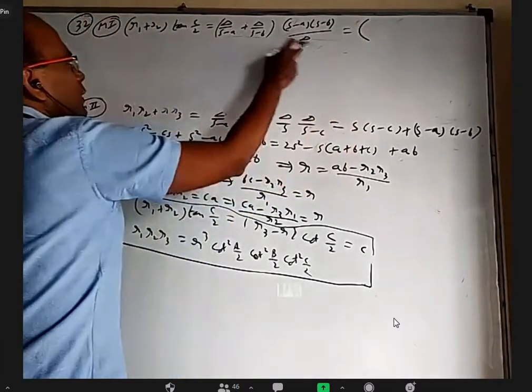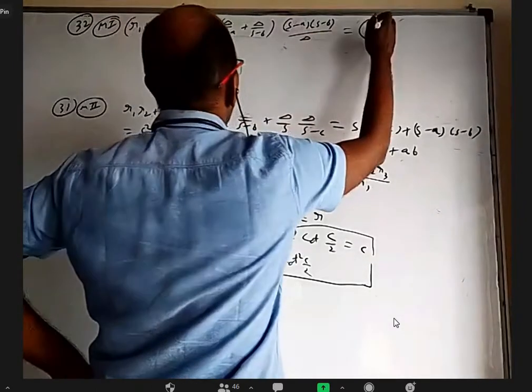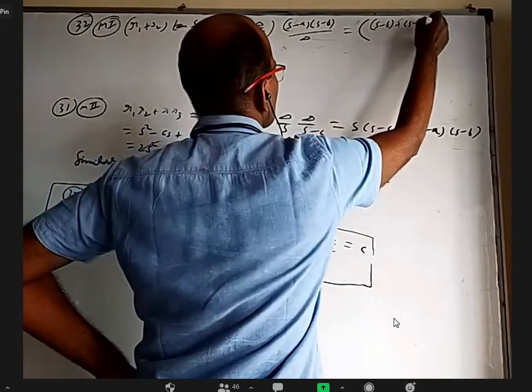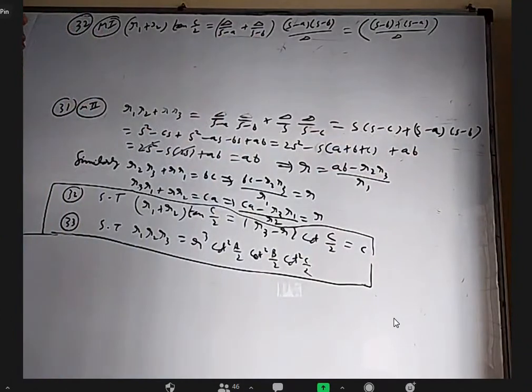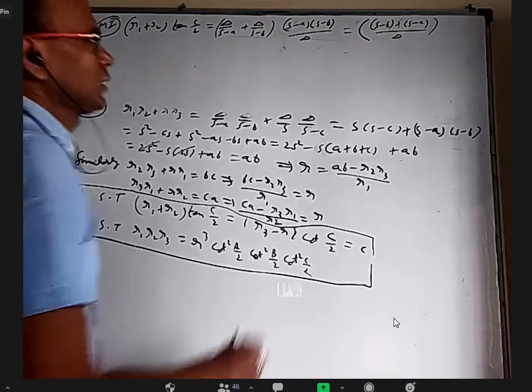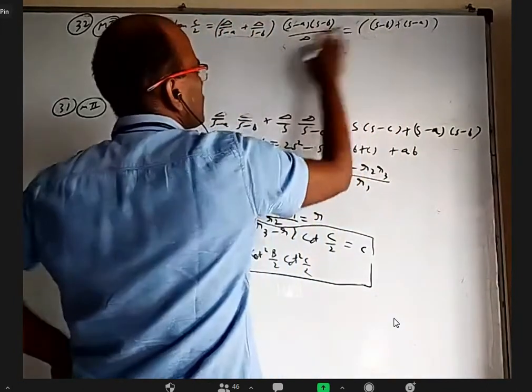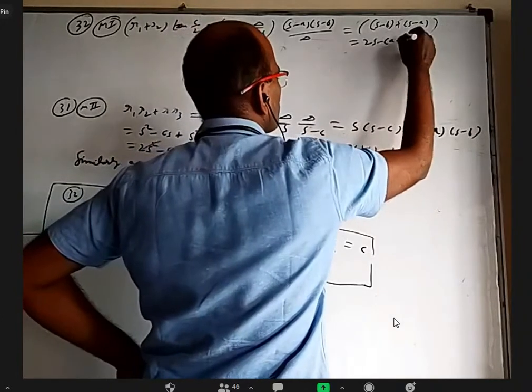Okay, so when I take LCM and cancel, I'll get S minus B plus S minus A by delta. Is it by delta? No, only S minus B plus S minus A. I can take this inside, we'll get this. Okay, 2S minus A plus B, which is C.